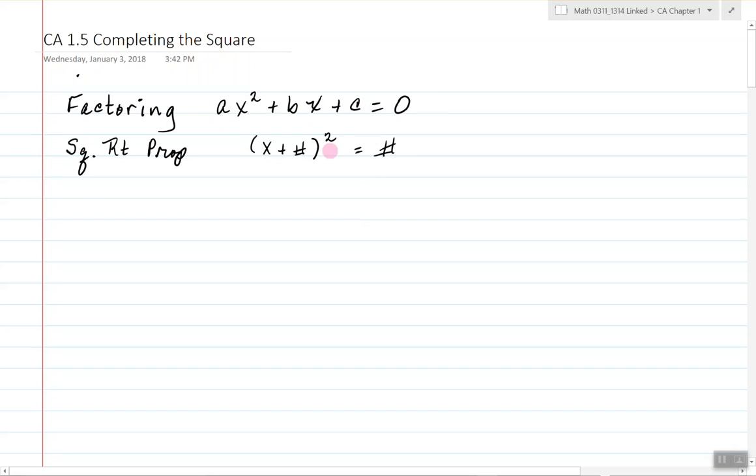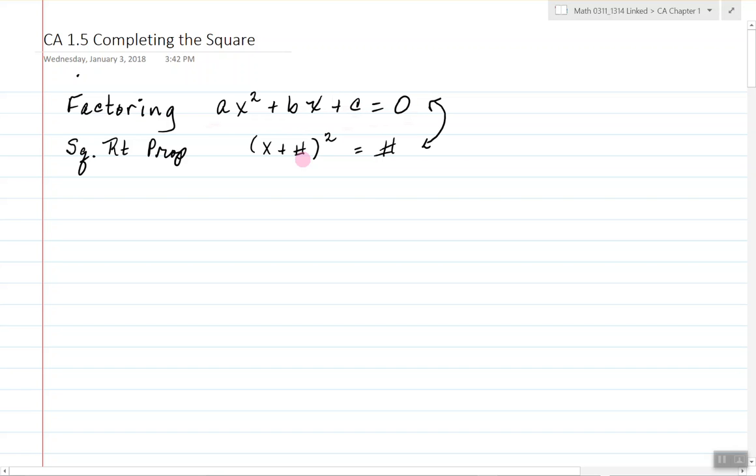The square root property is somewhat limited because the quadratic must be in this something squared format, equals a constant. So if I could perhaps connect these two so that I could take any quadratic, whether it's factorable or not, and somehow manage to turn it into this format, then I could always solve them.